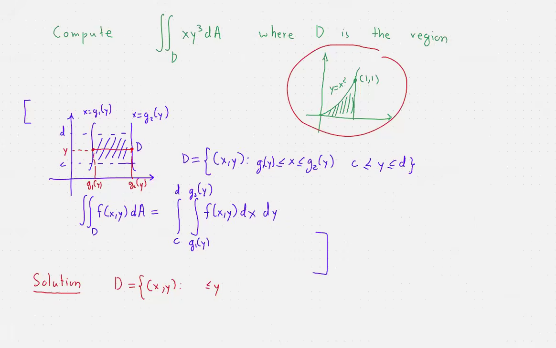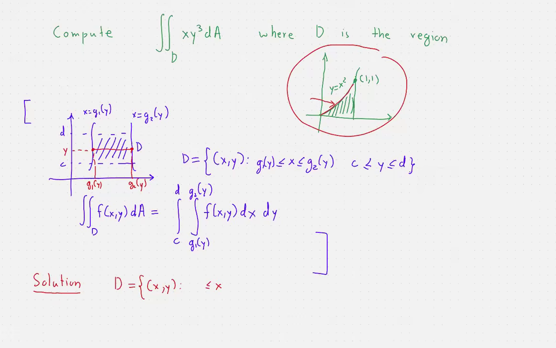So if I want to know where x lies, I will need my left boundary, which is this one, and I will need to express it in terms of y. So solve for x. So this is x is equal to square root of y.